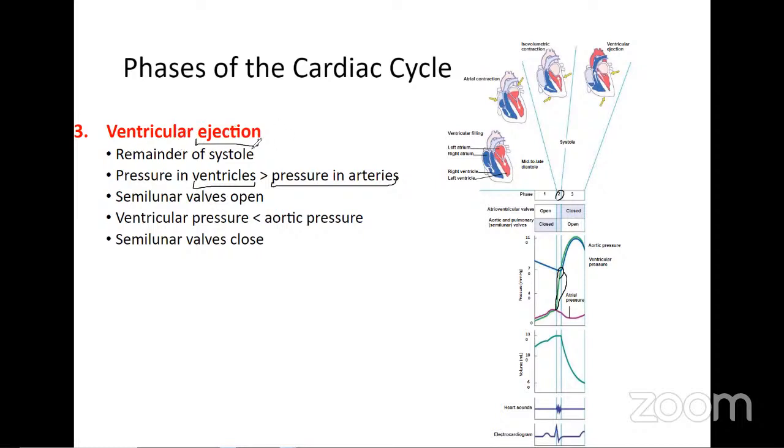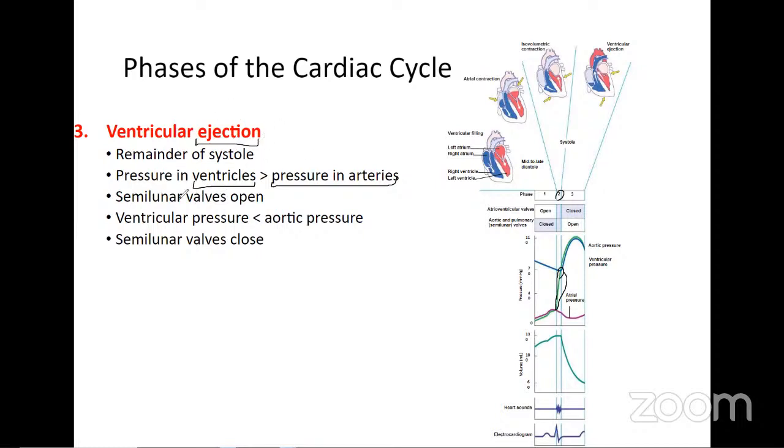That's talking about ejecting the blood. Blood is physically being squeezed out now. So during phase 2, isovolumetric contraction, we're just putting pressure on the blood. Once the pressure is high enough, it's physically spurting the blood out of that ventricle during phase 3.